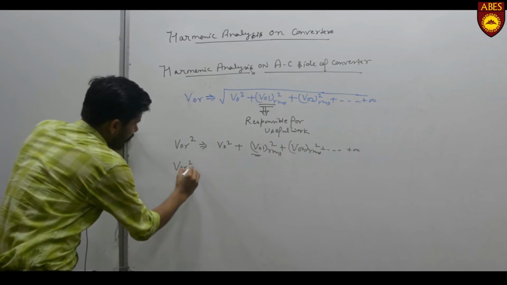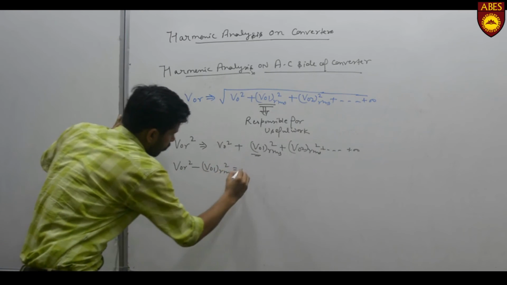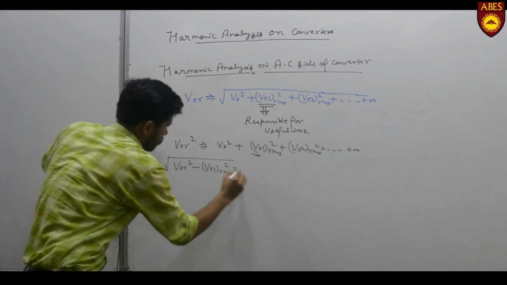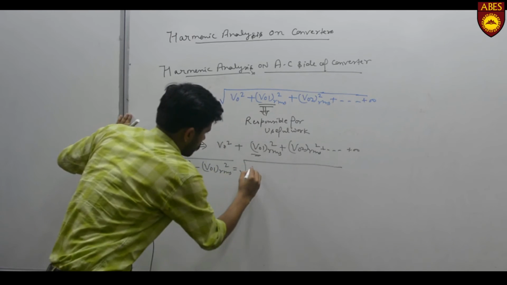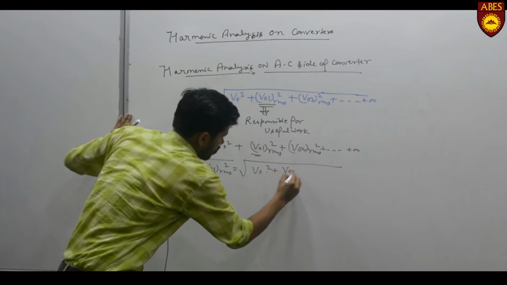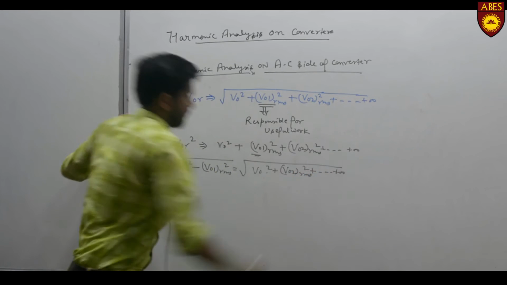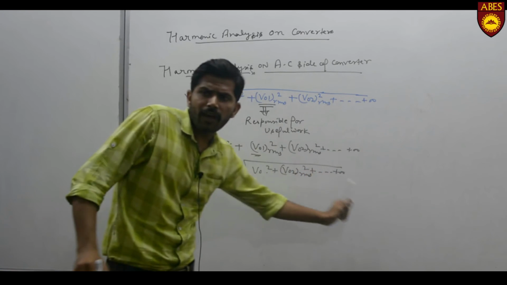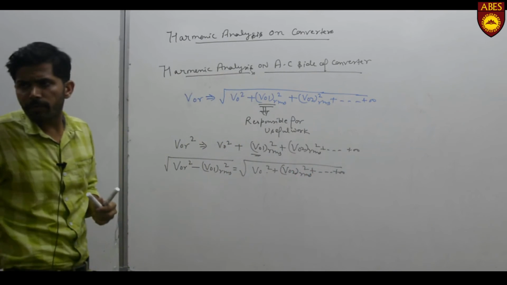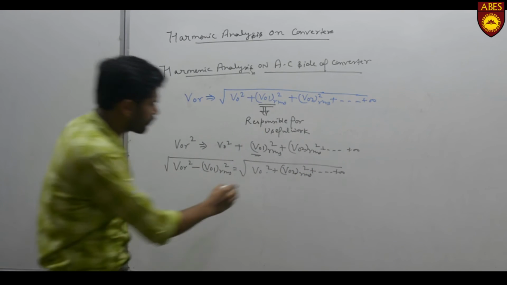Now VOR square minus the fundamental leaves all these useless harmonics. Harmonics only produce pulsating torque and overheat the machine windings, so they are not required for us.